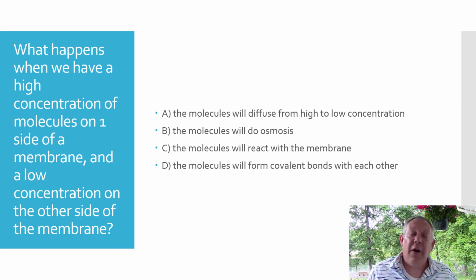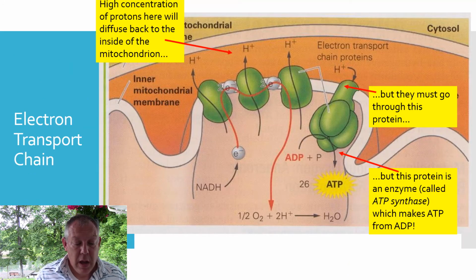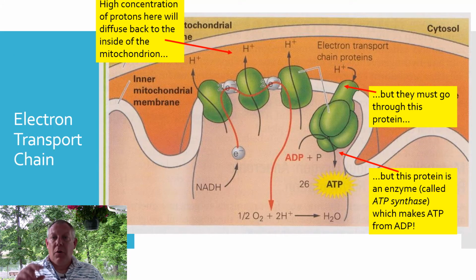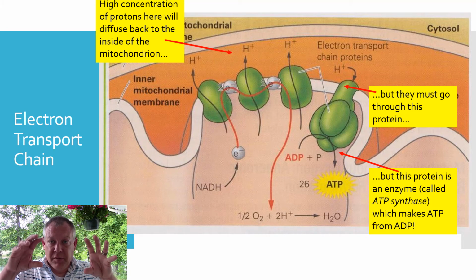And so, I already gave this away, but what will happen when we have a high concentration on one side of a membrane and a low concentration on the other? Well, the molecules will diffuse from high concentration to low concentration. And that's what these protons want to do. So you've got that high concentration in the inner membrane space.